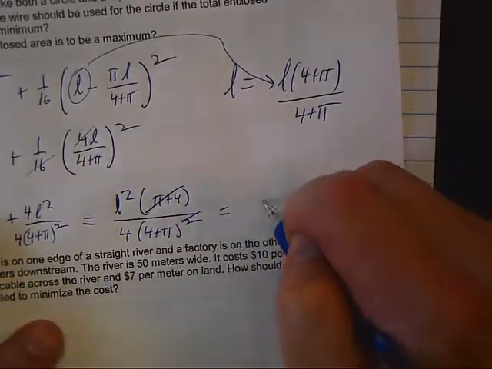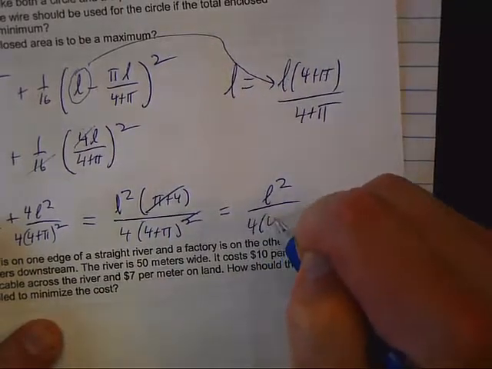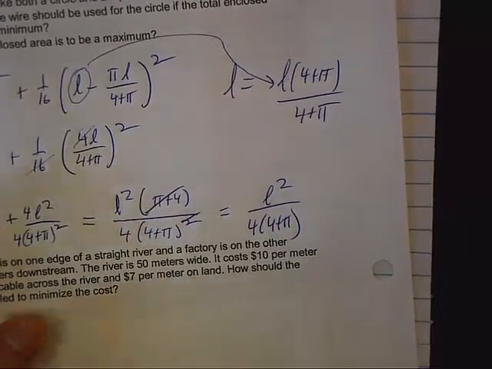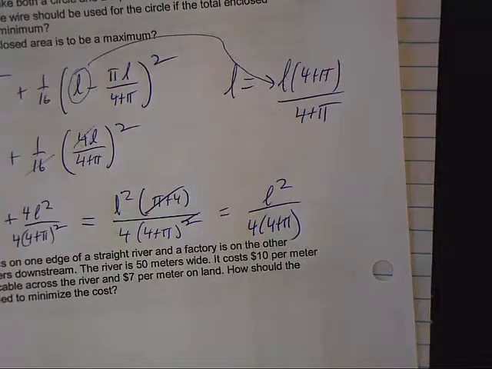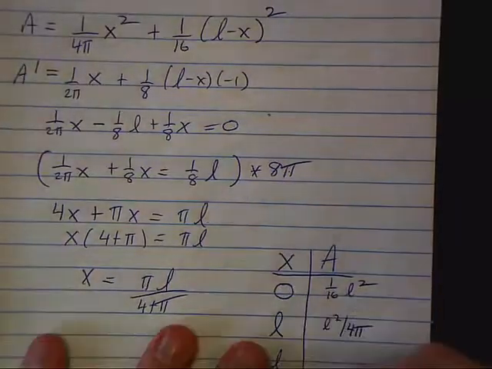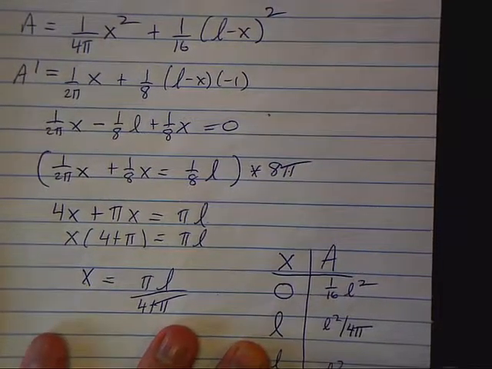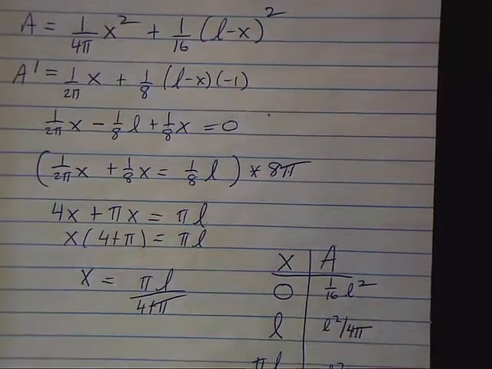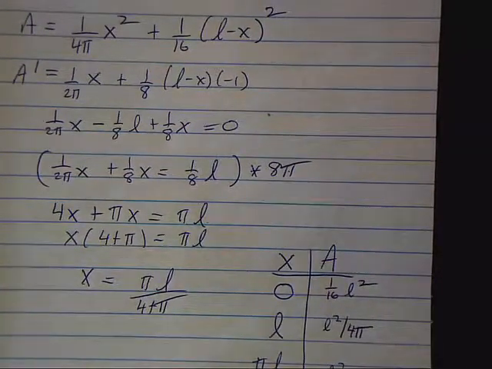So I'm left with L squared over 4 times 4 plus pi. Wow, that was a lot of work. L squared over 4 times 4 plus pi. Now, we have to decide, of all these answers, which one is the biggest and which one is the smallest.